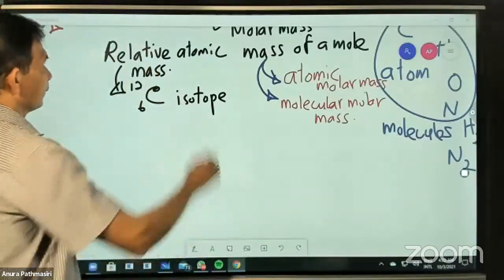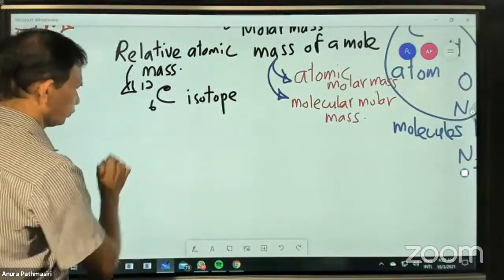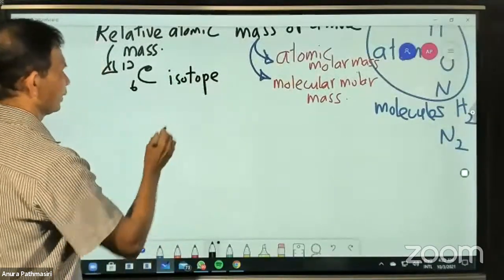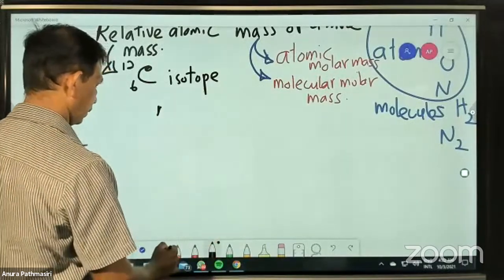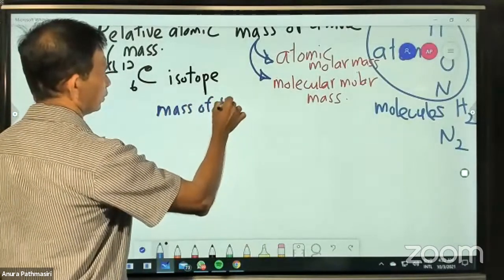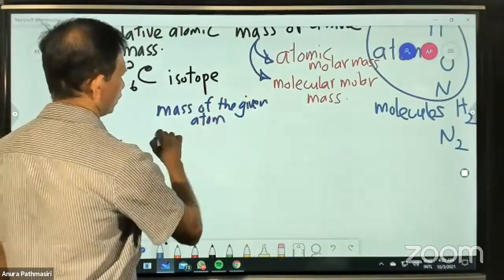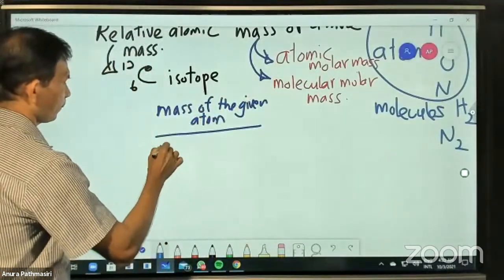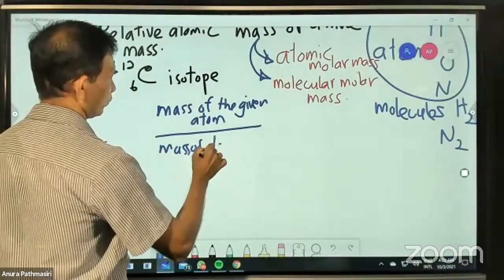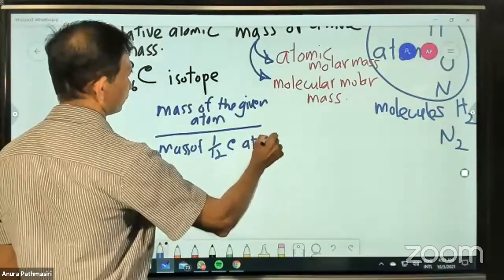Right, isotope is there. Relative atomic mass, according to this, we find the relative atomic masses like this: mass of the given atom divided by the mass of 1/12 of the C-12 atom.